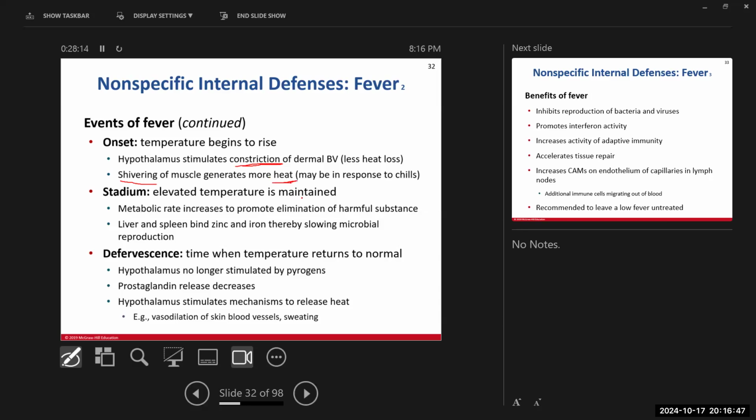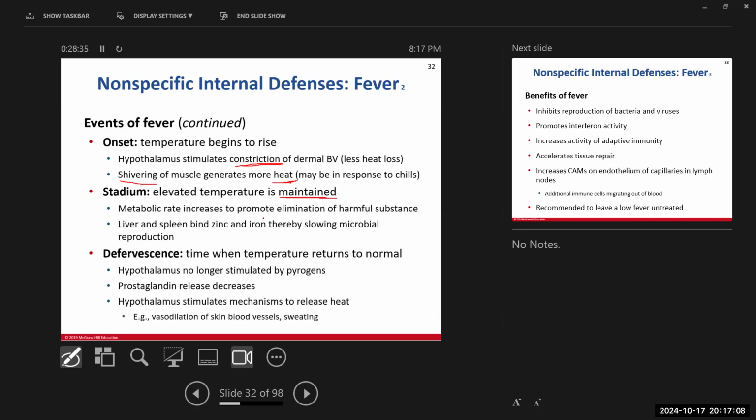So the stadium is where we're going to maintain this high temperature. Certain pathogens like to operate within a certain temperature, so we make it a hostile or inhospitable environment.